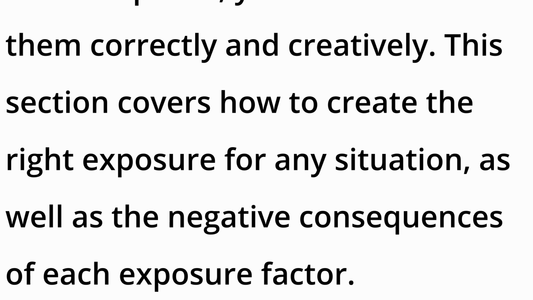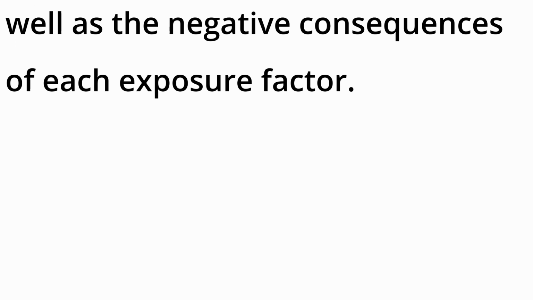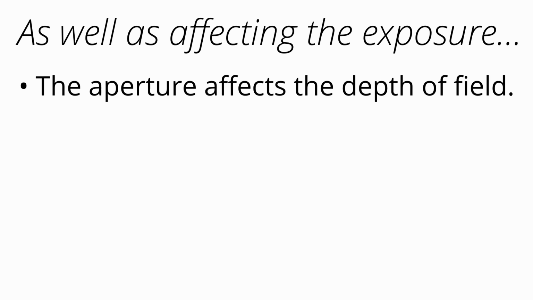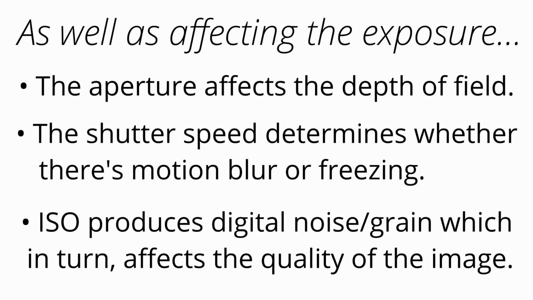This section covers how to create the right exposure for any situation, as well as the negative consequences of each exposure factor. The aperture affects the depth of field. The shutter speed determines whether there's motion blur or freezing. ISO produces digital noise or grain, which in turn affects the quality of the image.